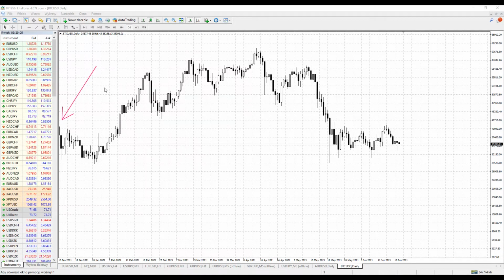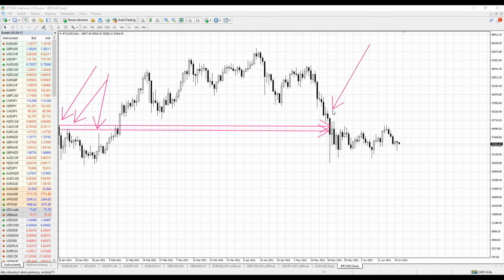It was the swing high level when it comes to the 40K. So once we broke through to the downside, right, and we were trying to move back above that level, we've seen 2 consecutive daily closes below.